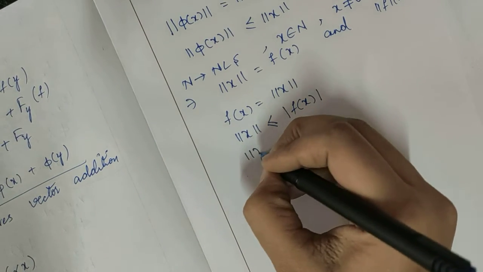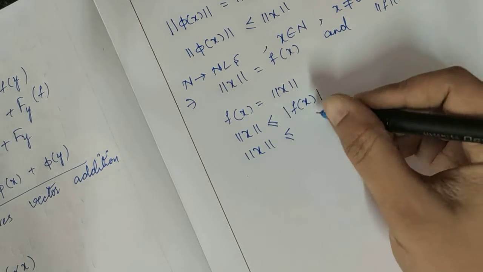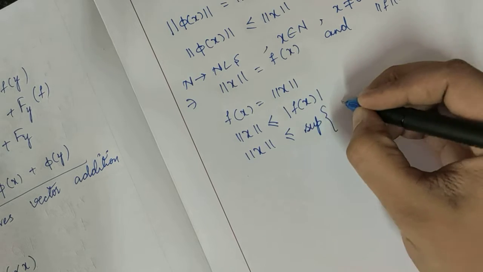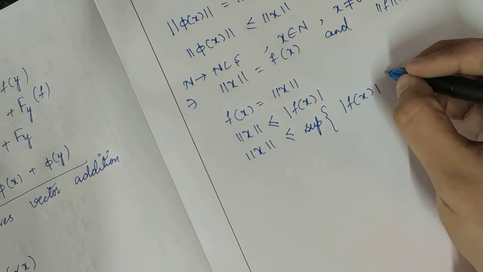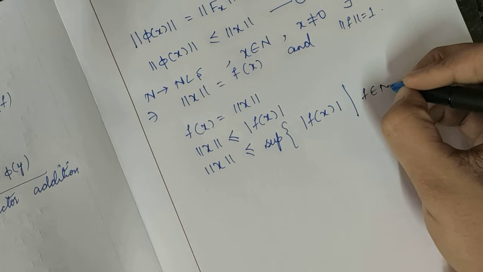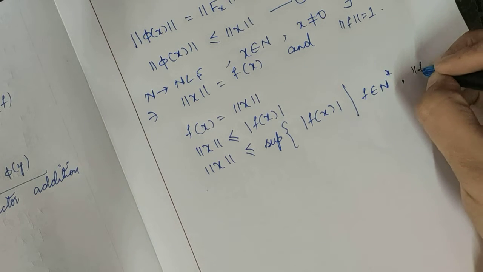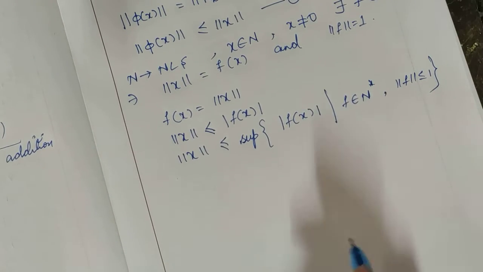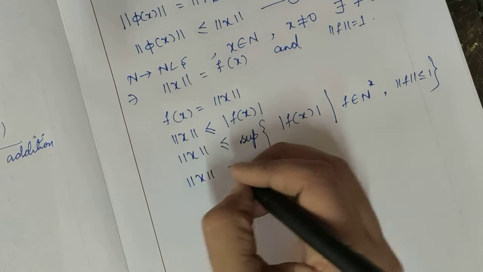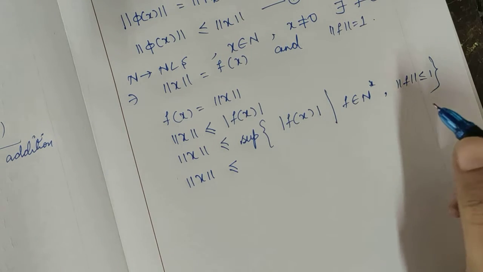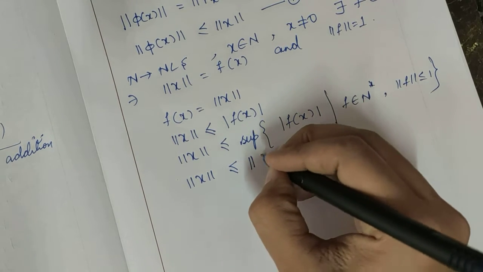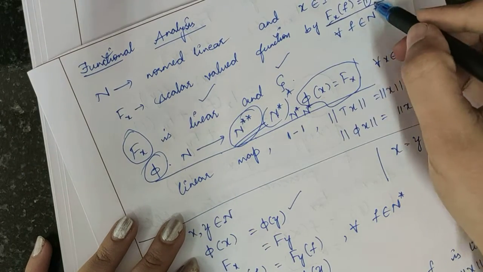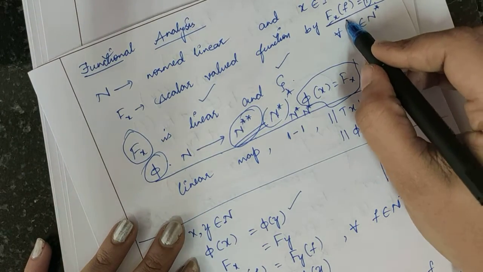Right? So norm x will be less than or equal to, now I will define mod f of x as the supremum of mod f of x such that f belongs to N star and norm f is less than or equal to 1. Okay, so norm x will be less than or equal to norm f_x, because we know that f of x is nothing but f_x, right?